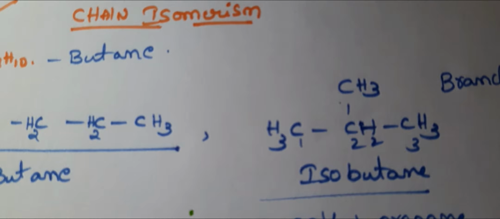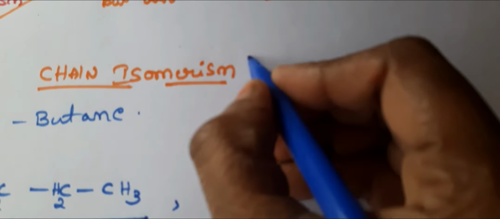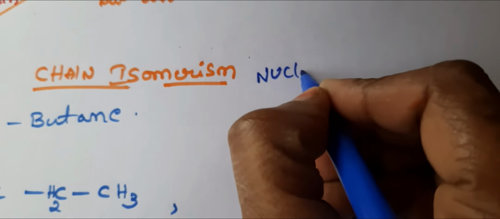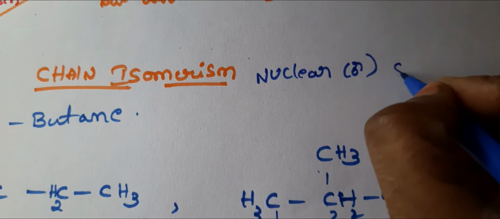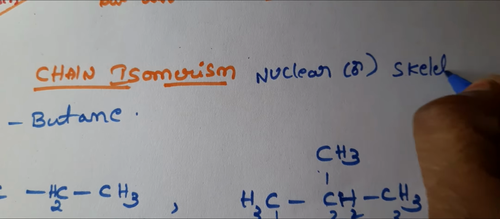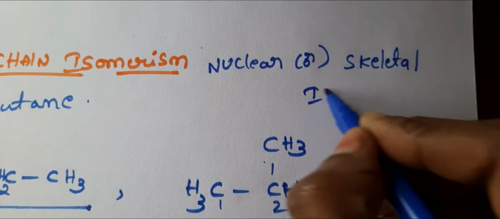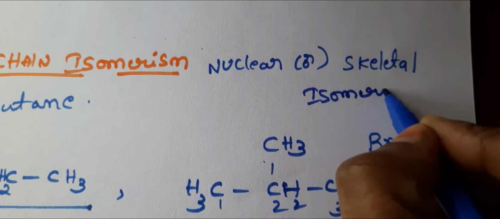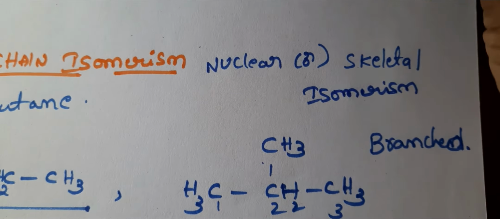They differ in having a straight or branched chain of carbon atoms. This chain isomerism is also known as nuclear isomerism or skeletal isomerism.